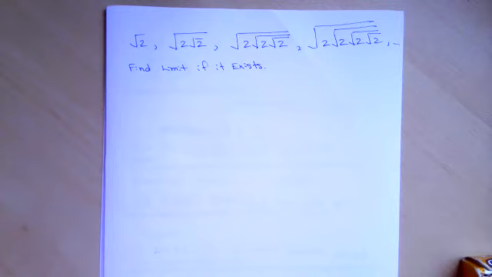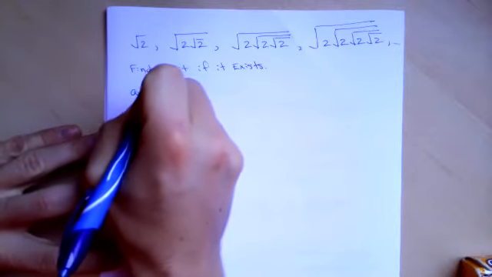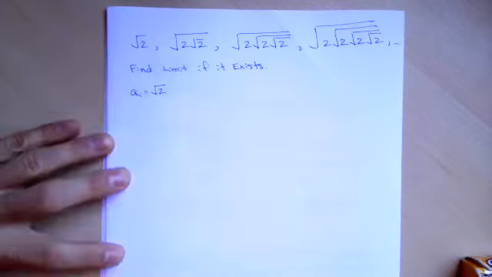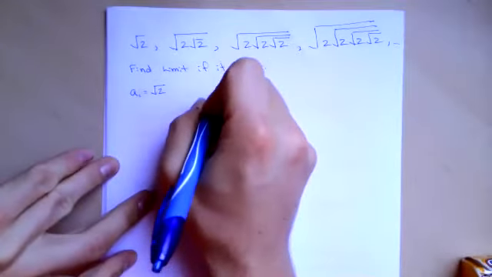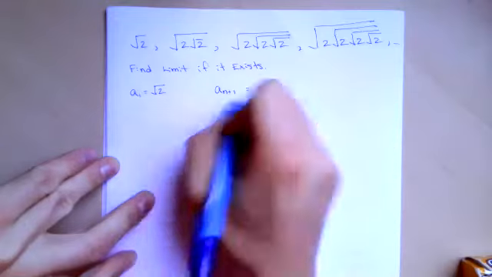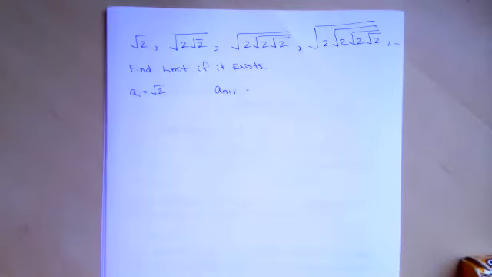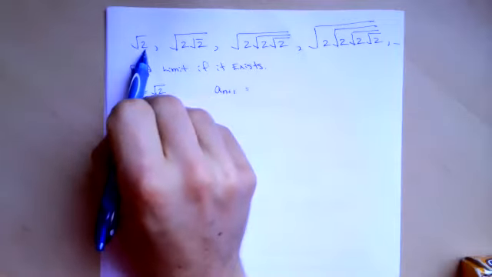So let's try to think if maybe we can model it by a recursive sequence. First term is square root of 2. And what I need is a formula for how to get the next term based off of the previous term. Here I have a square root of 2.